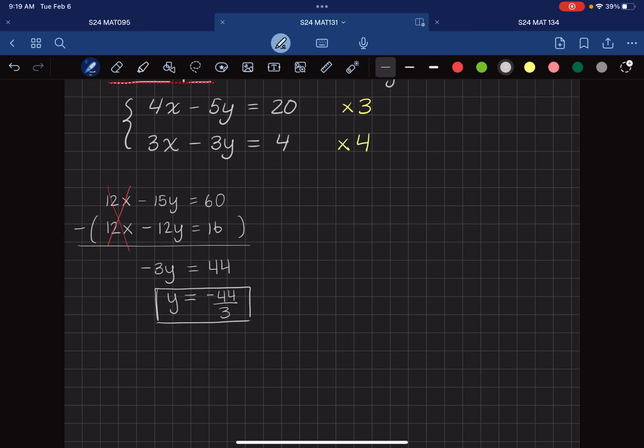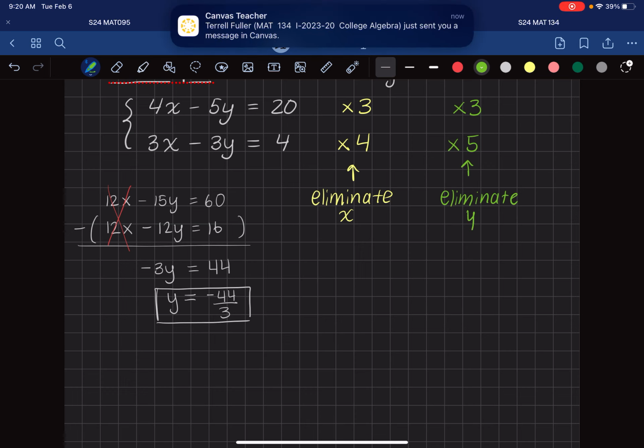Okay, so in the yellow here, this was me eliminating x. To eliminate y, I'm going to multiply the first equation by 3, and I'm going to multiply the second equation by 5, and this is going to set me up to eliminate my y.